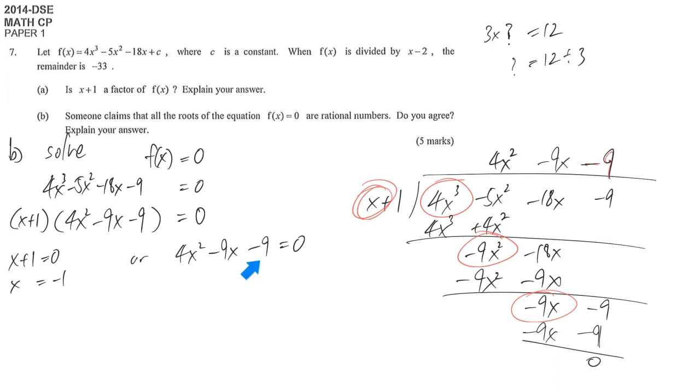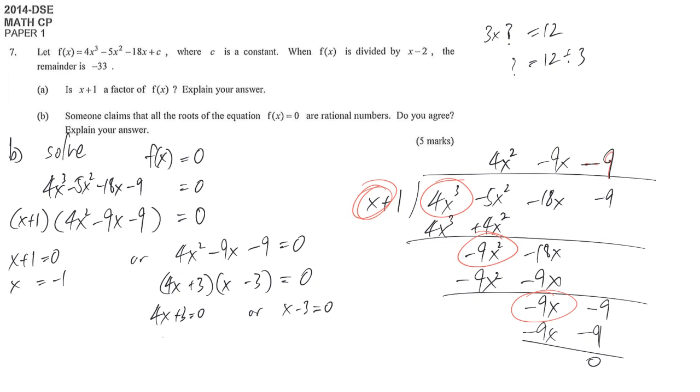You may use the quadratic formula in your calculator, or you may use the cross method to factorize it. If you factorize it, you get 4x times 1x, and then we have minus 3 times 4, and then together with positive 3 here. So 4x plus 3 equal to 0, or x minus 3 equal to 0.